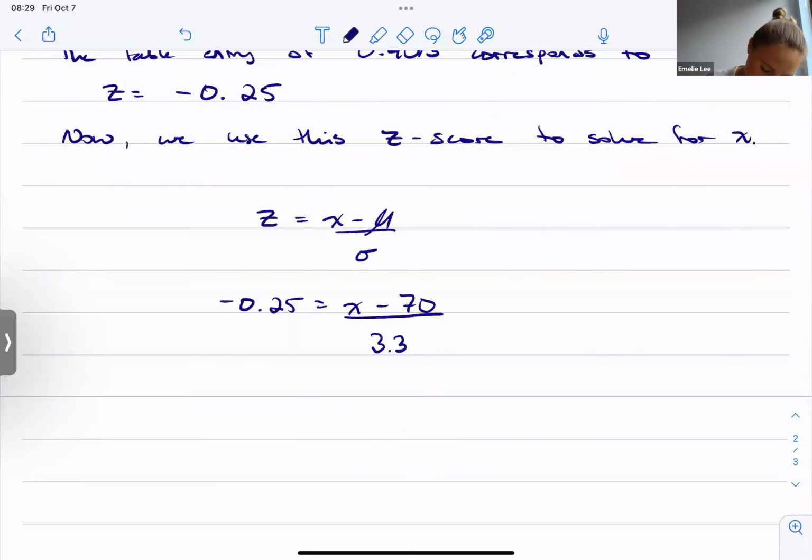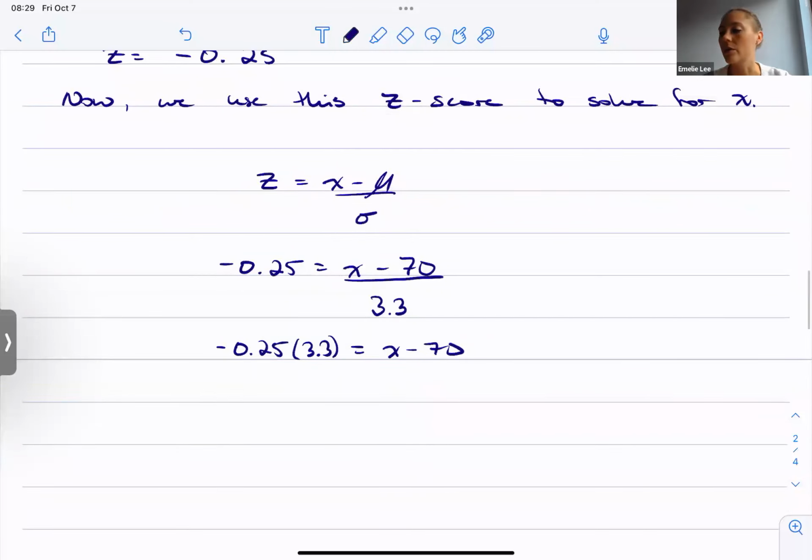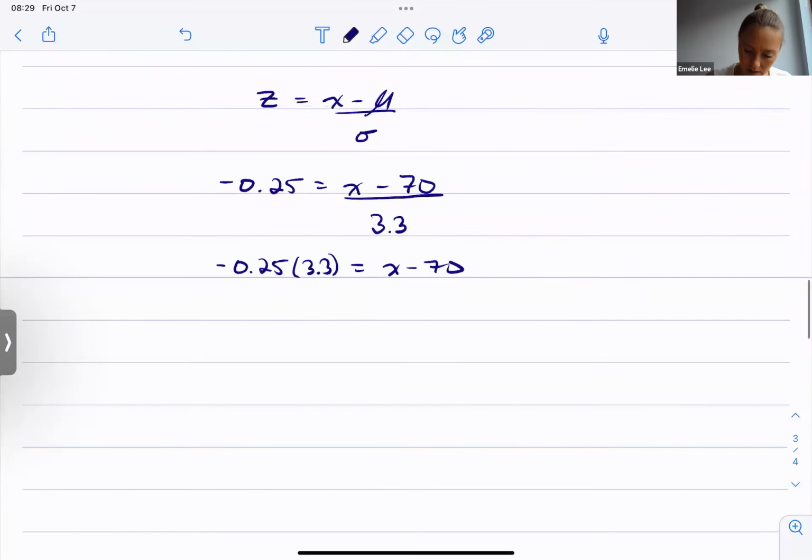So now we have negative 0.25 times 3.3 is X minus 70, which, let's see here, negative 0.25 times 3.3 is negative 0.825, which is X minus 70. So then I have to add 70.